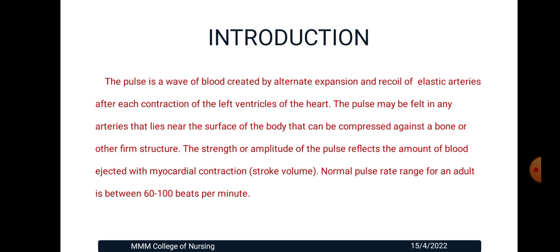The strength or amplitude of the pulse reflects the amount of blood ejected with myocardial contraction, that is, stroke volume. The normal pulse rate range for an adult is between 60 to 100 beats per minute.